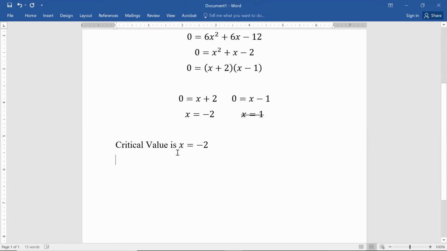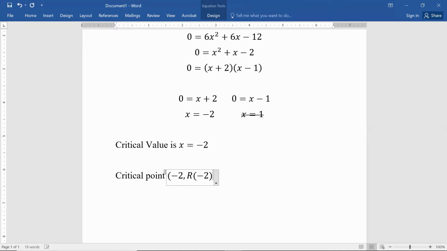So let's go ahead and find what the critical point is. Critical point is going to have an x value of -2, and the y value is what you're going to get when you plug in -2 into your function. The other two points of interest that could be maximums and minimums are the endpoints.